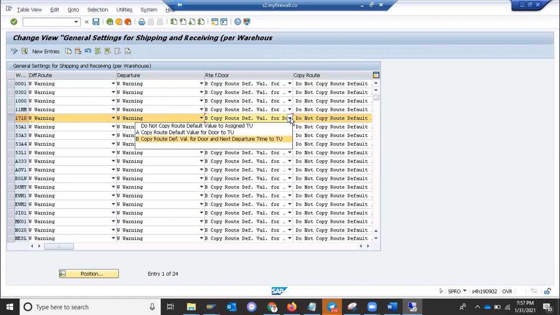So I have told that this is applicable for the integration of EWM with TM or yard management. It is not for the EWM's internal movements of the goods. It is for the EWM integrated for the external movements with the external systems, maybe SAP or non-SAP system.